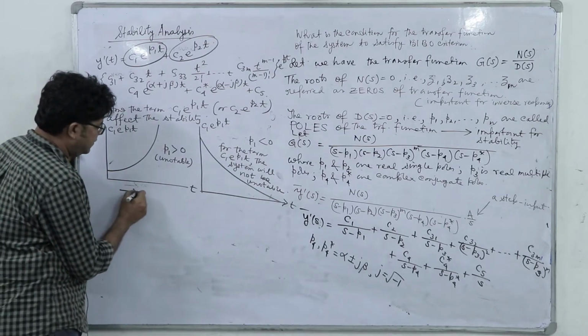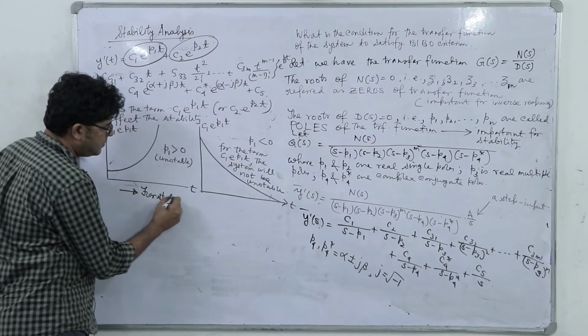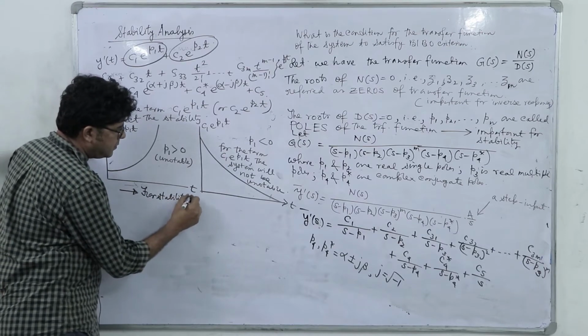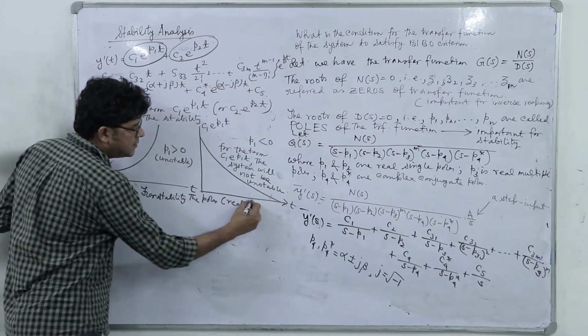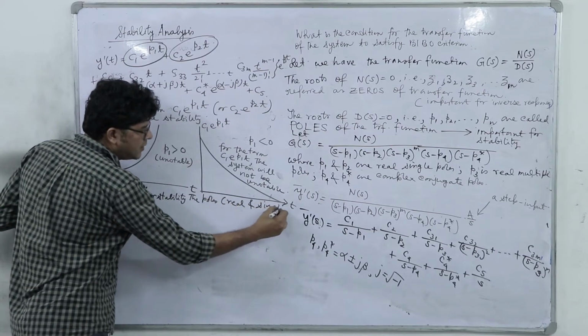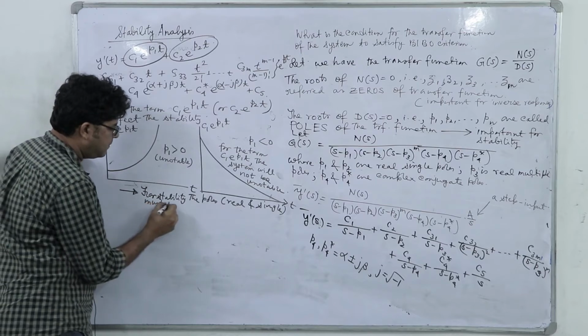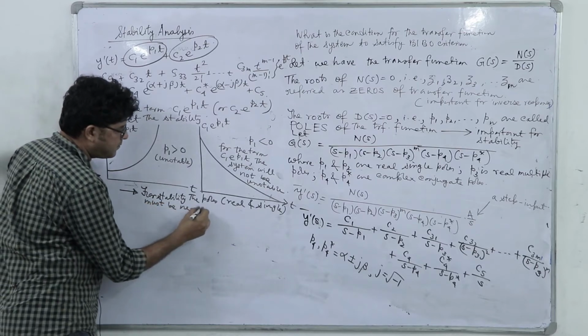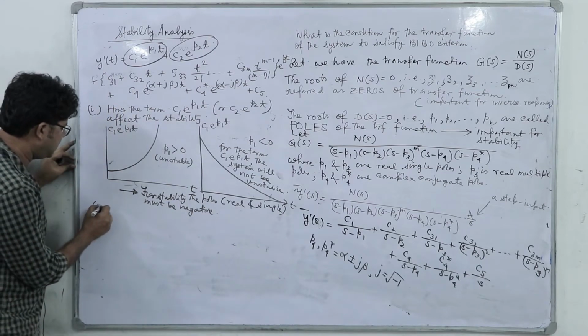So, conclusion is, for stability, the poles, real and single, only for that we have concluded, must be negative. Next, multiple poles.